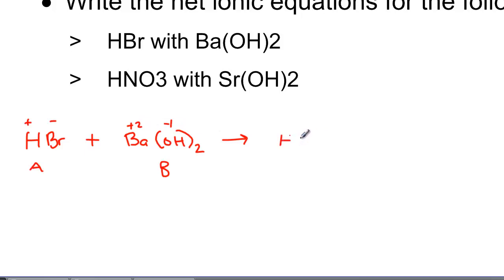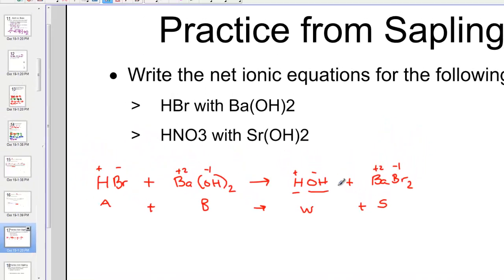I like to write water as HOH just so I can remember that the hydrogen came from the acid, the hydroxide came from the base. And the salt would be barium bromide, barium with its +2, bromide with its -1, and there's our salt. When an acid and a base neutralize one another, we get water and salt.